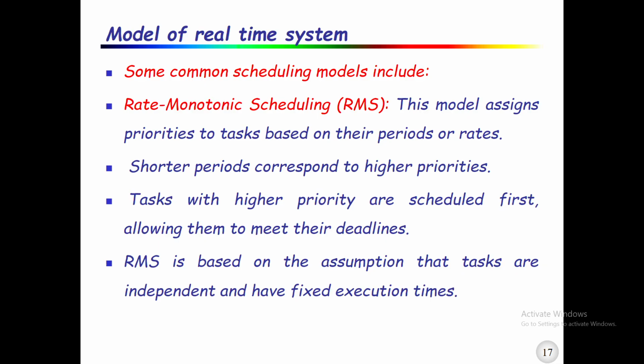This model assigns priorities to tasks based on their periods or rates, where the shorter period corresponds to the higher priority. So the tasks which consume larger time are given less priority, because they are accomplished last, after the higher priority tasks are completed already. Tasks with high priority are scheduled first, allowing them to meet their deadlines.